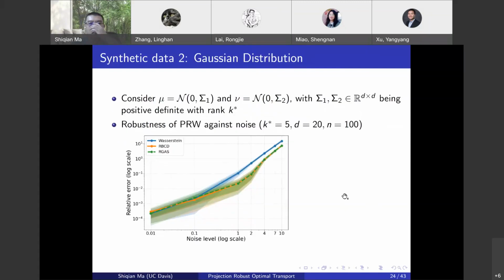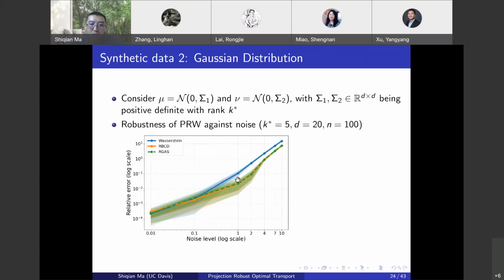Okay, so for the next data sets we consider two Gaussian distributions. For these two Gaussian distributions, we can also compute the exact Wasserstein distance. So in this figure, we want to show the robustness of the projection robust Wasserstein distance against the noise. The y-axis is still some kind of error, and the x-axis denotes the noise.